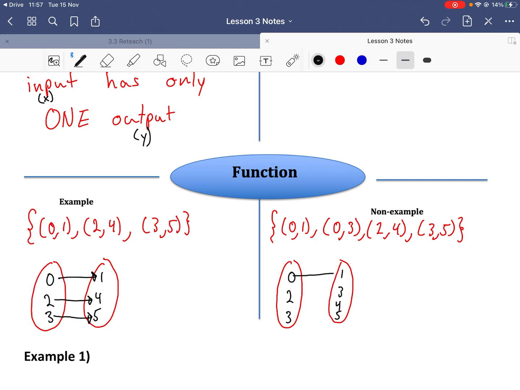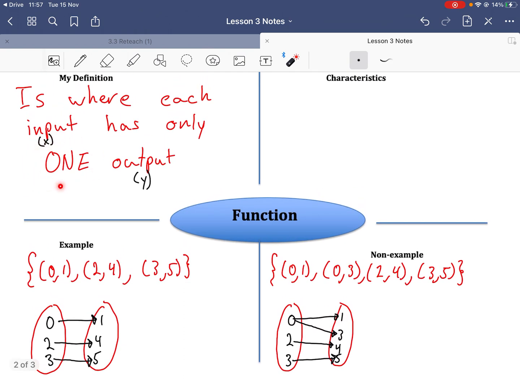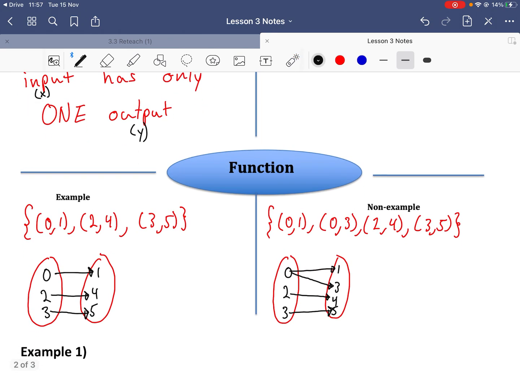We can see 0 goes with 1, 0 also goes with 3, 2 goes with 4, and 3 goes with 5. Since this 0 is going to two different values, the one input has two different outputs, and we were saying that each input has only one output. So this is not a function. So we would say not a function. Okay, this is the characteristics.